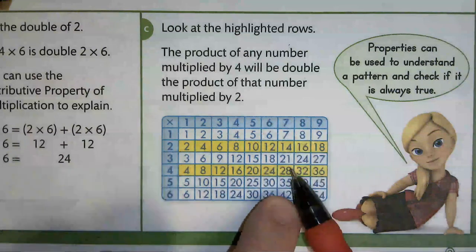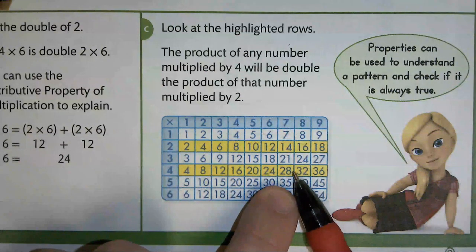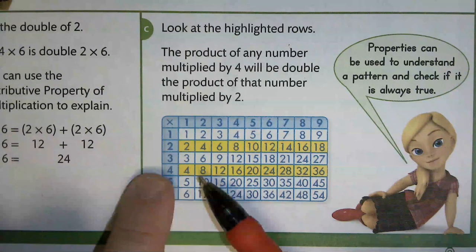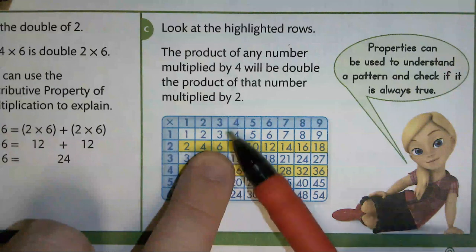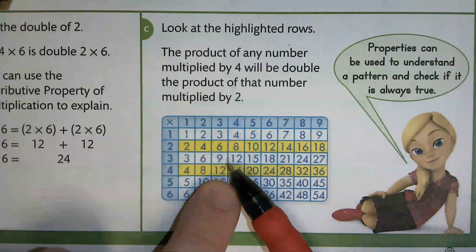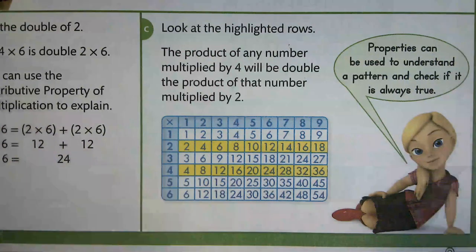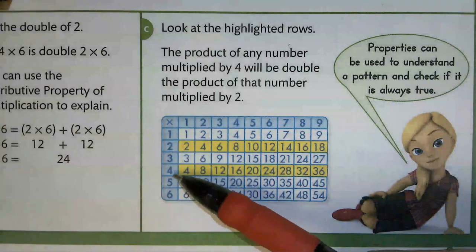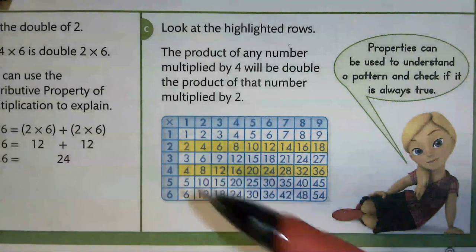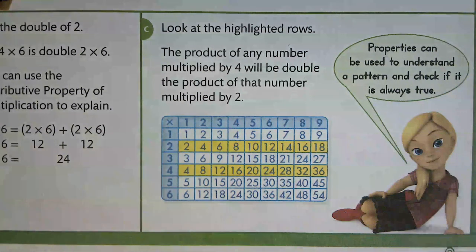Then if I did 7 times 4, double that is 28. 14 plus 14 is 28. If I did 2 times 3 is 6. If I did 3 times 4, well, 6 doubled is 12. So in all these different problems, that's what we're looking at. We're saying, oh, I can double it because 2 and 2 is going to be 4. So double this will get me to those 4. That's the pattern that we're looking at.